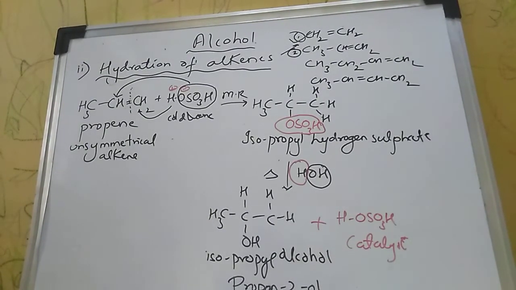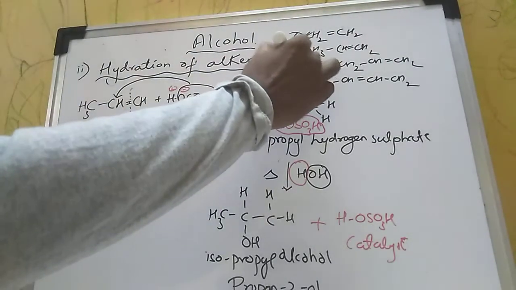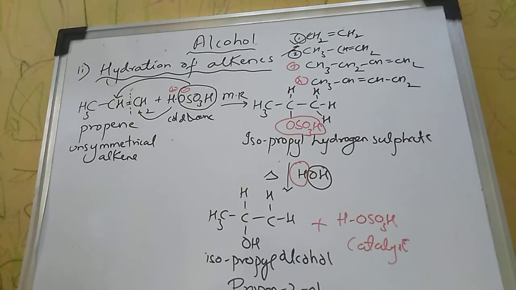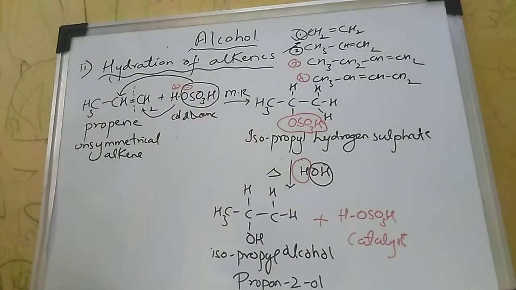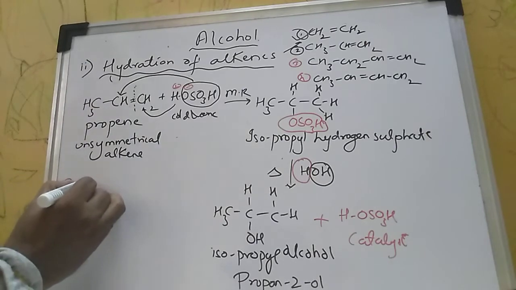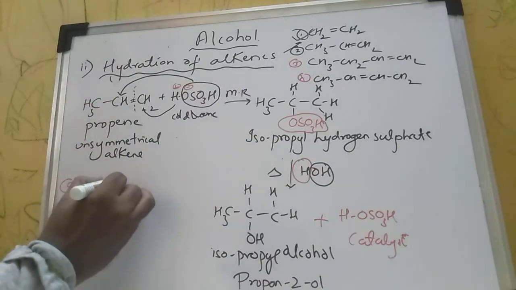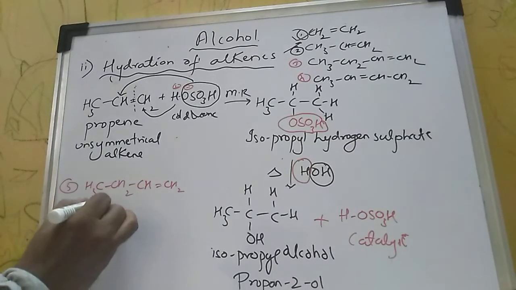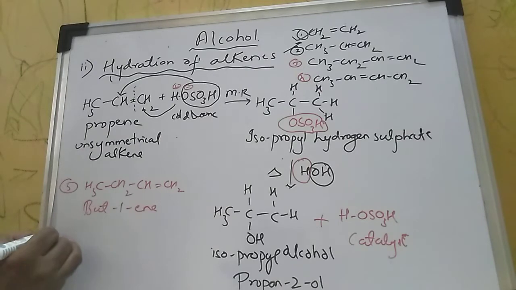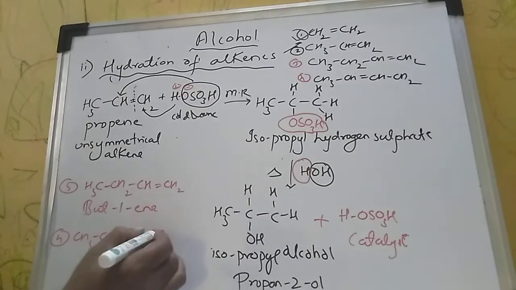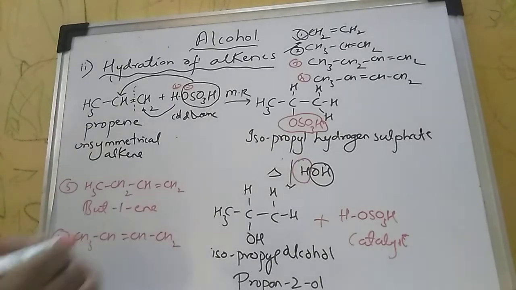Next is the third one and the fourth. Now the third and the fourth, you will be doing for us as homework. The third one is but-1-ene, and the fourth one is but-2-ene.